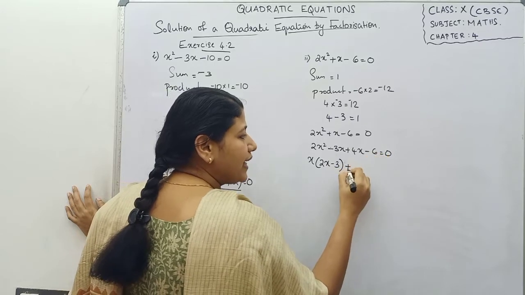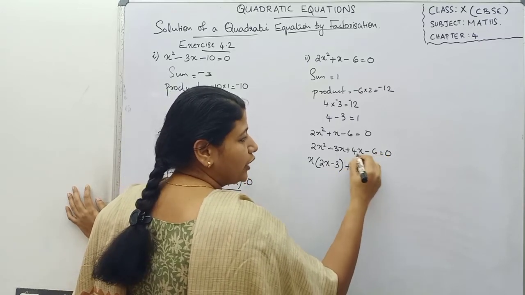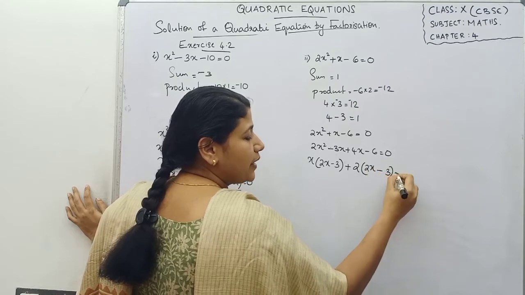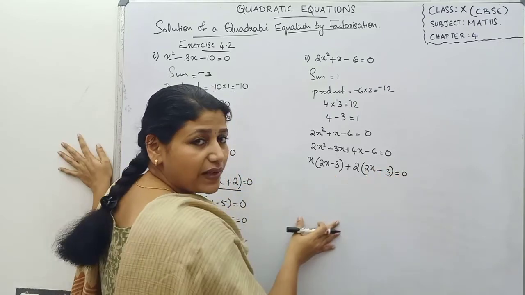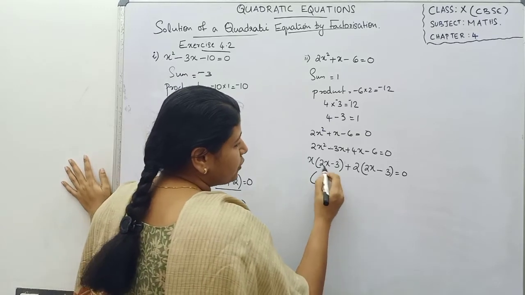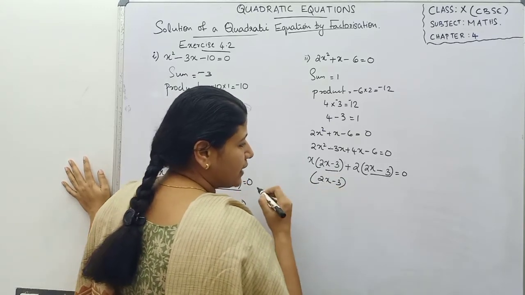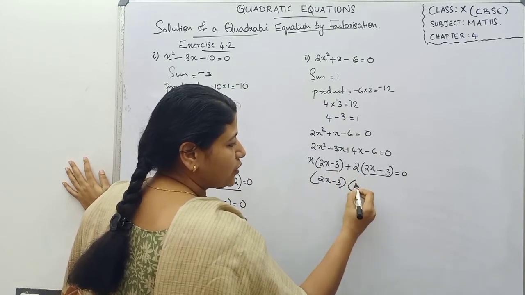And here also we can take 2 outside. Then 2 into 2 is 4, that's why 2x, and minus 2 into 3 is 6. Then only you will get 2x minus 3 as a common factor. So here also 2x minus 3 is a common factor. I took that outside. And the next one is x plus 2.